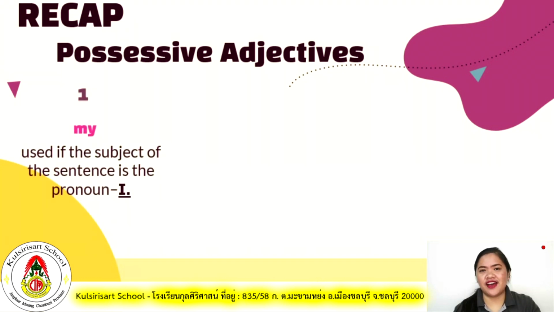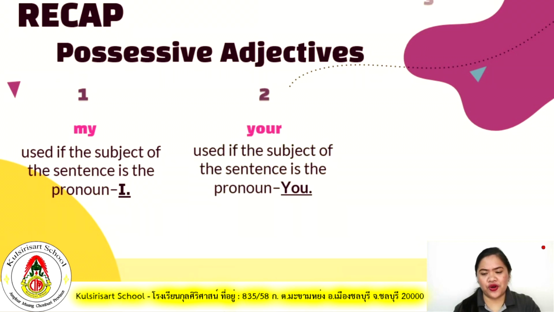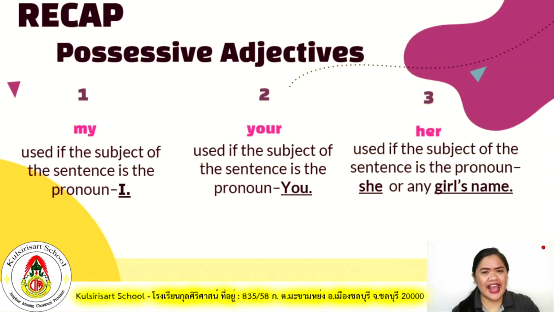Okay, we have my if you are referring to the subject I. Your if the subject is you. And her if the subject is a girl, or the pronoun she.